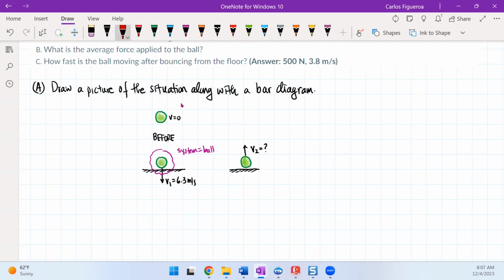And the reason why the momentum changed is that we had an impulse due to the ground. It's the ground that changed the momentum.